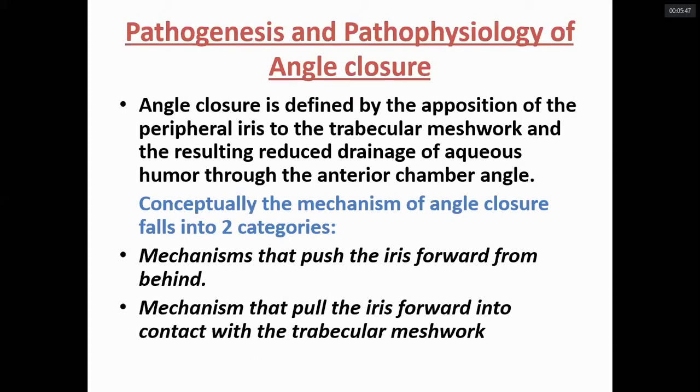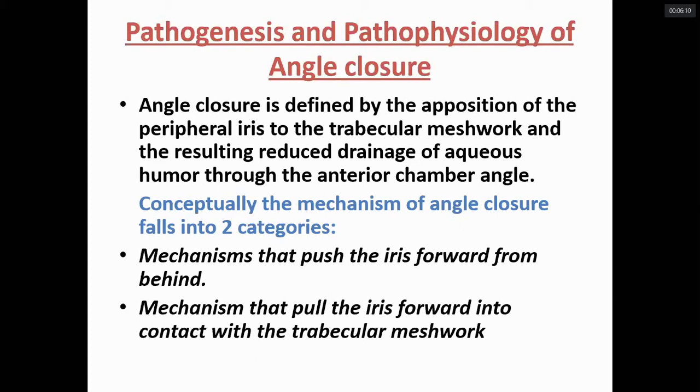The pathogenesis and pathophysiology of angle closure glaucoma is defined by the apposition of the peripheral iris to the trabecular meshwork and the resulting reduced drainage of aqueous humor through the anterior chamber angle. All of you must be clear in your mind where the aqueous is secreted.